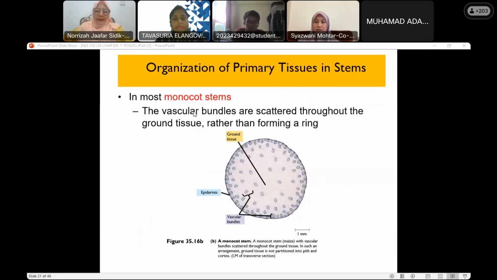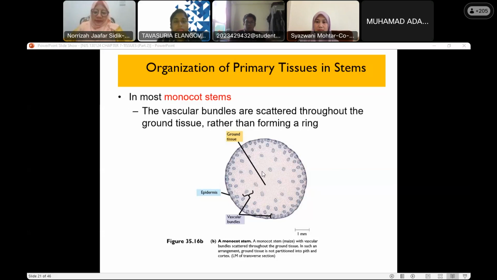Now we look at the organization of primary tissue in stem. Most monocot plants such as the sugar cane, or the maize, have the vascular bundles scattered throughout the ground tissues.